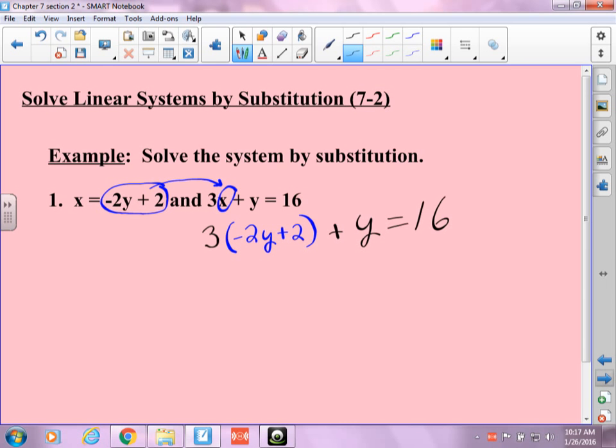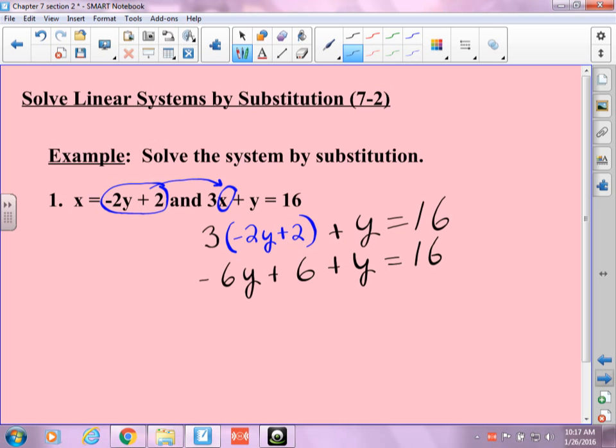Next thing I'm going to do is distribute. I'm going to use my algebra. So 3 times negative 2 is negative 6y. See how we distributed? Plus 3 times 2 is 6, plus y equals 16.